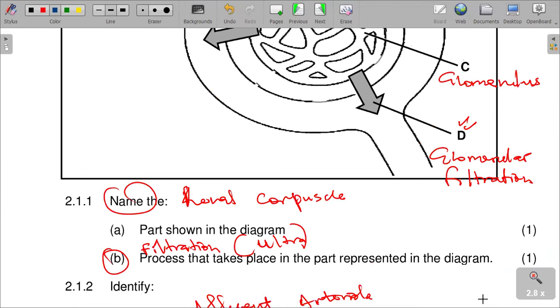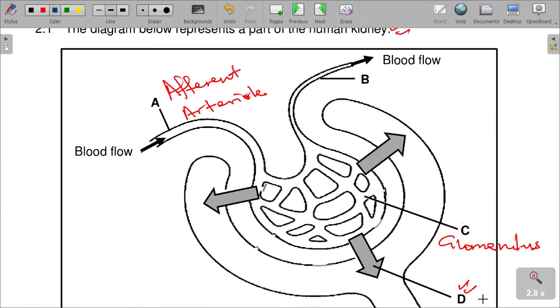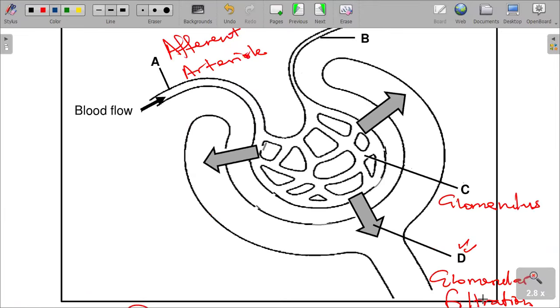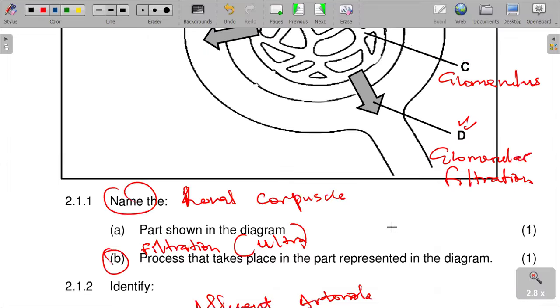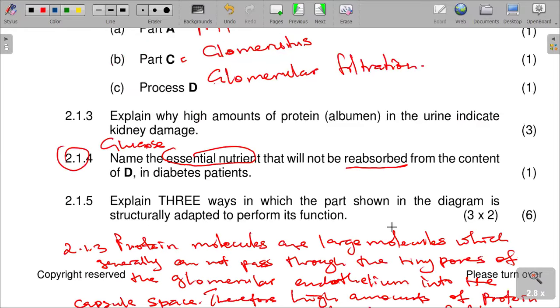So when you look at this diagram, you must be able to see what is taking place there, how the structure assists it to perform its function. We don't talk about anything else, but only explain the functions performed by the renal capsule.